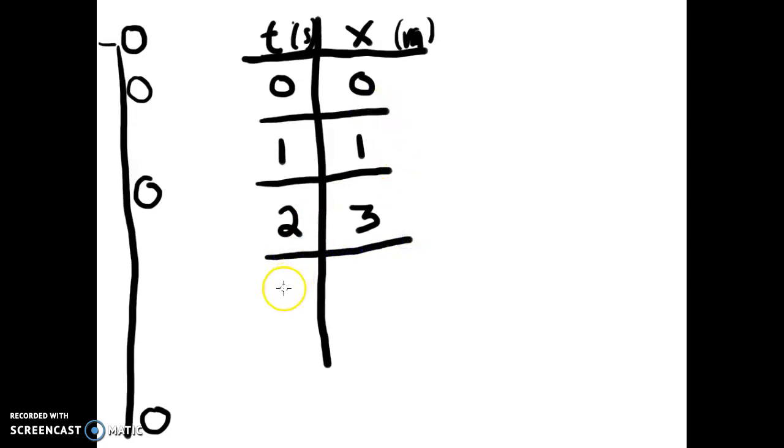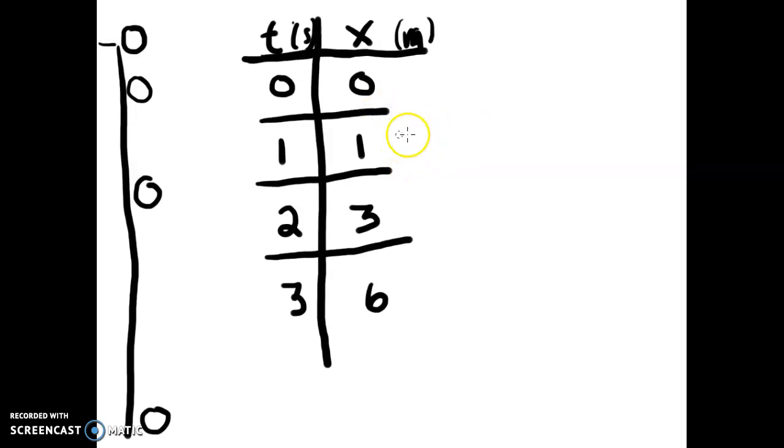And at t equals 3, let's do one more, and let's say it was at position 6. Okay.